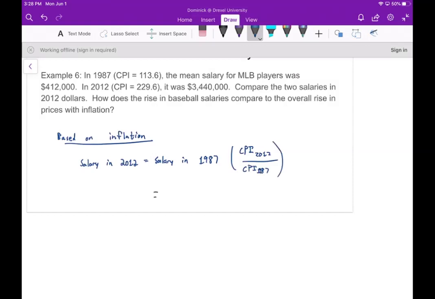And of course, if we did that, we would do 412,000 times the two CPIs. So we have 229.6 over 113.6. Right?